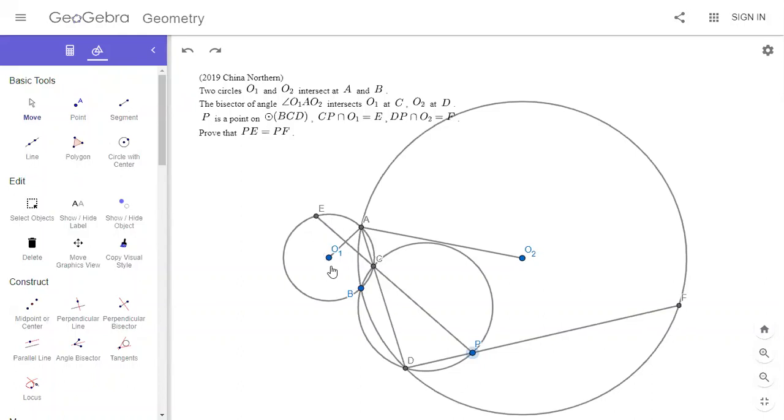So let me think of it. If we can show angle EO1C is equal to angle DO2F, that feels like a pretty fundamental theorem. It has to have a decent proof.